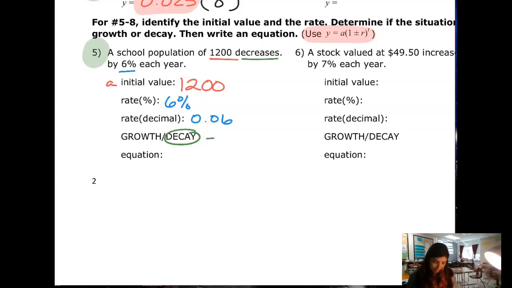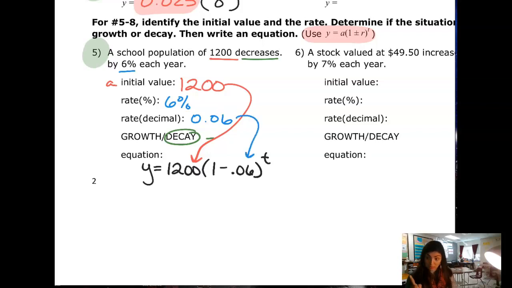So I'm going to be using a minus in my parentheses, 1 minus r to the t power. There's two options you can write for an equation. You can write y equals a times 1 minus r to the t. Here's my a, here's my r as the decimal, and here's the fact that it's decaying.